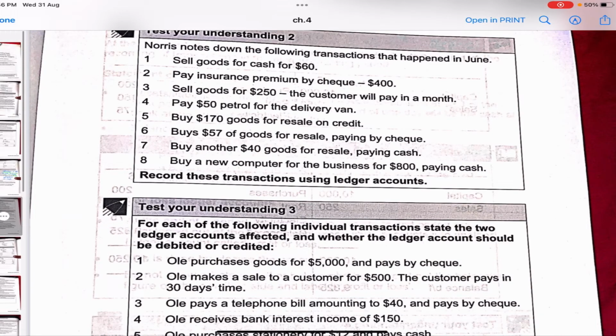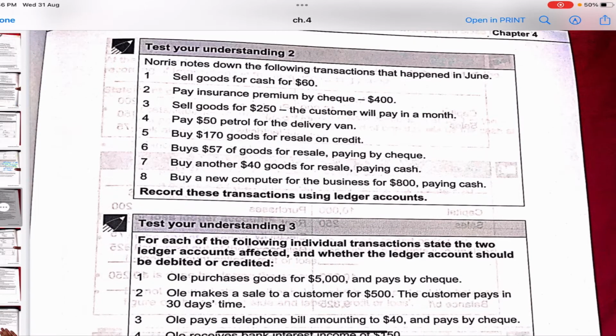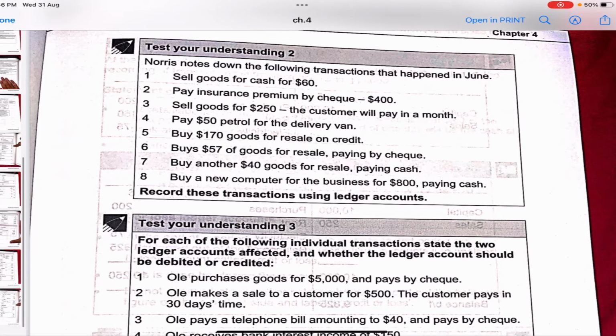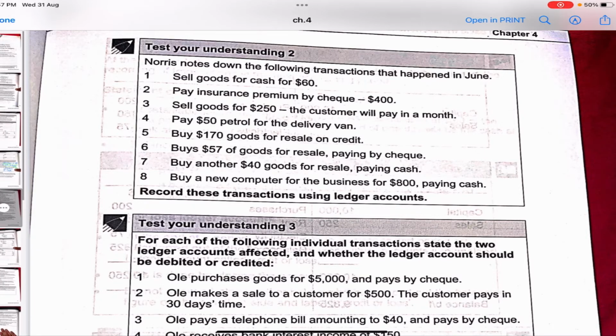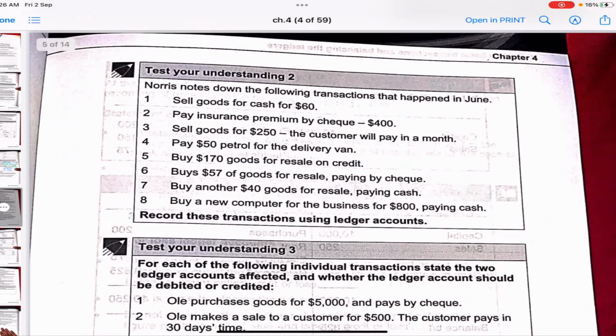Okay, here we are with another test your understanding. Let us do this now. Norris notes down the following transactions that happen in June. Record these transactions using the ledger accounts. So let us first discuss each of them properly. Sell goods for cash for $60.